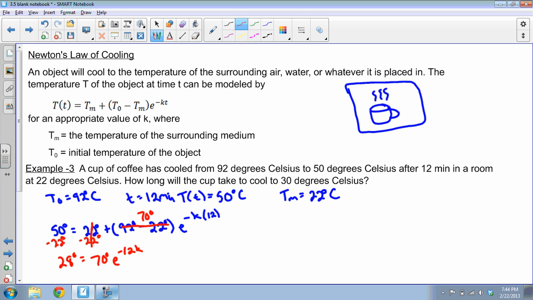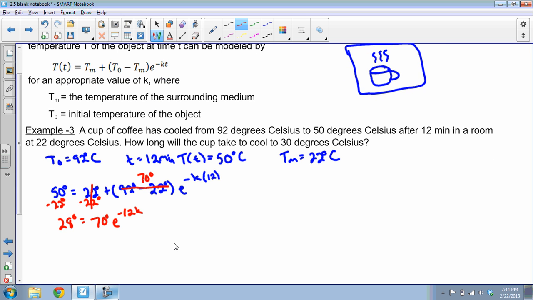Looks a little nicer to me. Now we can divide by 70 on both sides. And 28 over 70, we could write it as a decimal, because that's actually a really nice decimal. That's 0.4. So that would actually also be a really nice fraction, so whatever.